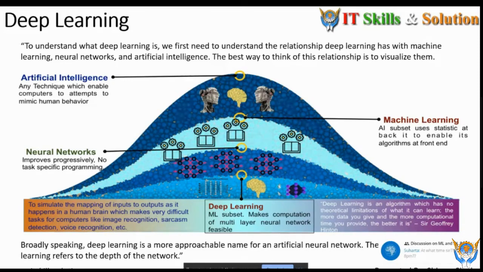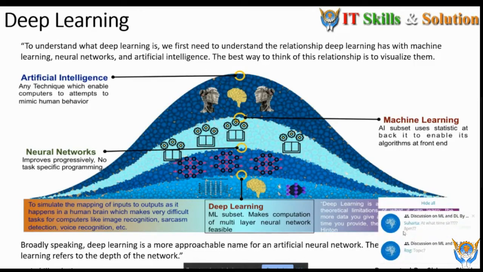So basically with AI, you want the machine to do the work that you have already been doing. So it tries to mimic human behavior. Okay, so artificial intelligence is a technology which is trying to mimic human behavior. In the same way, machine learning is a subset of AI, and deep learning is again a subset of machine learning.